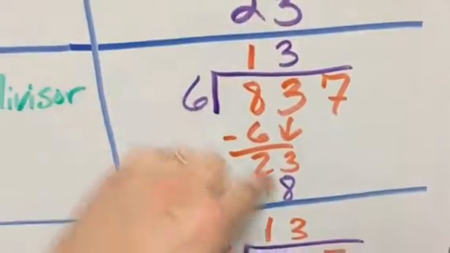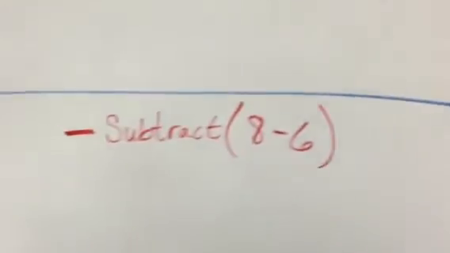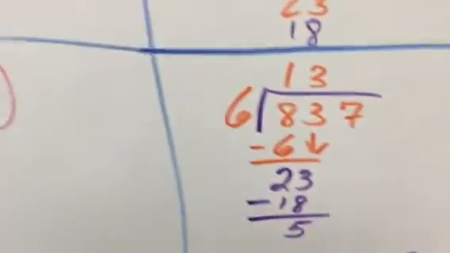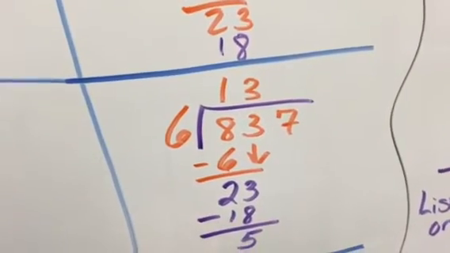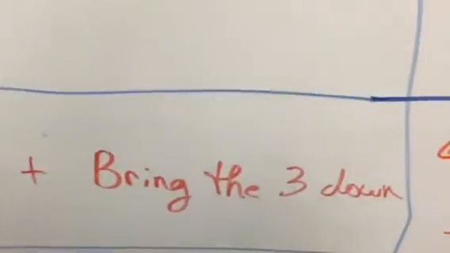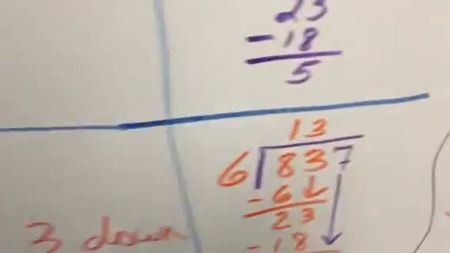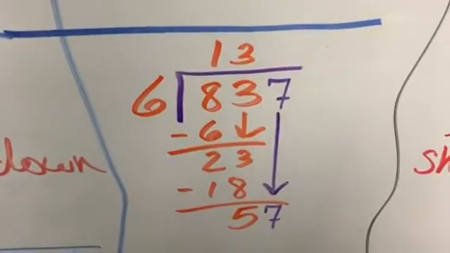So 3 times 6 is 18. After multiplication comes subtraction. So I'm going to take the 23 that I had, minus 18, and I get an answer of 5. Then comes bringing down the next digit. So in this case, we already brought the 3 down. Now we're going to bring the 7 down, and it comes there.